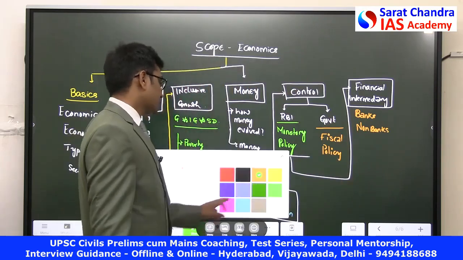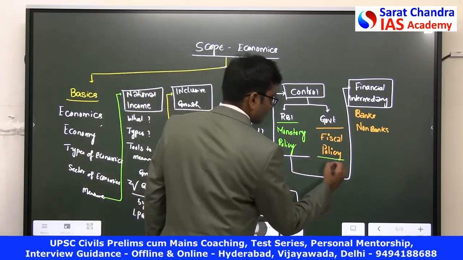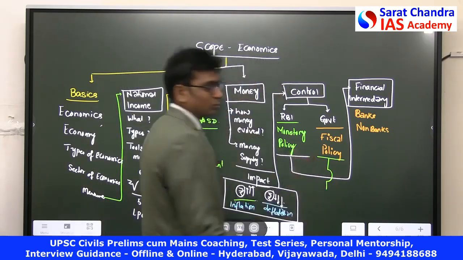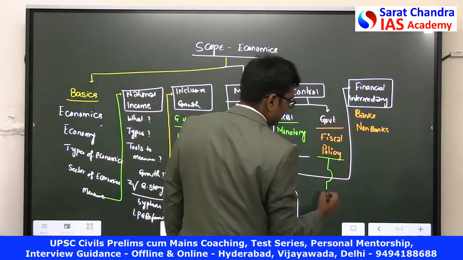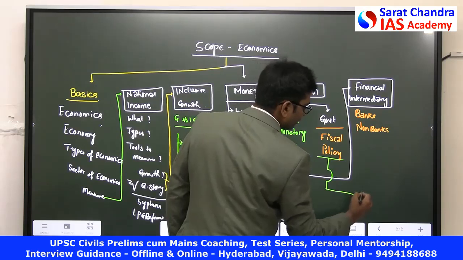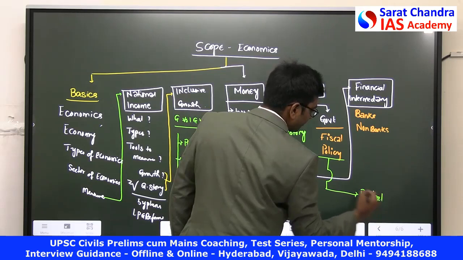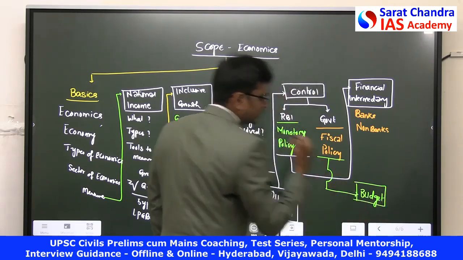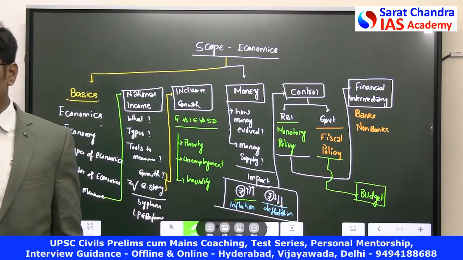Subsequently, after discussing this, in fiscal policy, you will be discussing the next topic after financial intermediaries. The next topic will lead to the budget. So we will discuss what is budget, what are taxes, what are non-taxes, all these things are covered under budget.